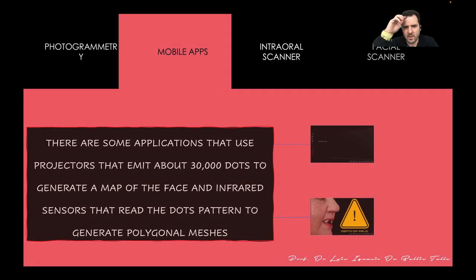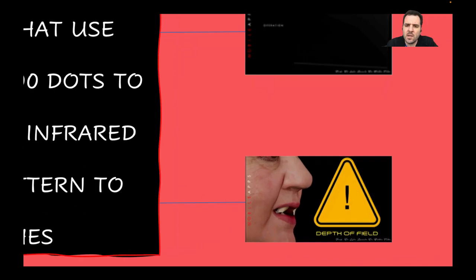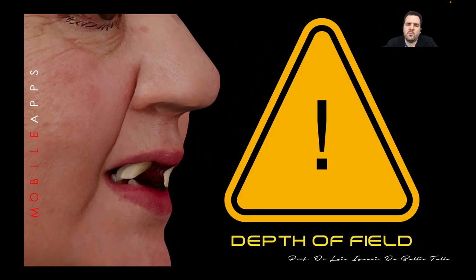Then we can get mobile apps. For example, one very well known that is not available anymore was Bellus. We used that with the front camera of our cell phones. But the problem with Bellus was that the depth of field wasn't good enough.